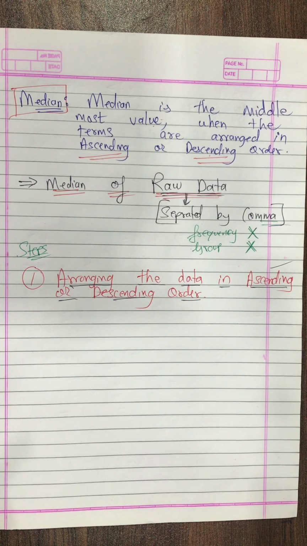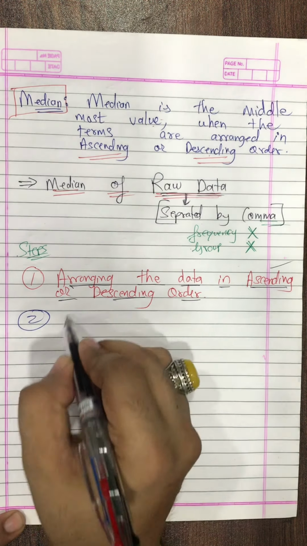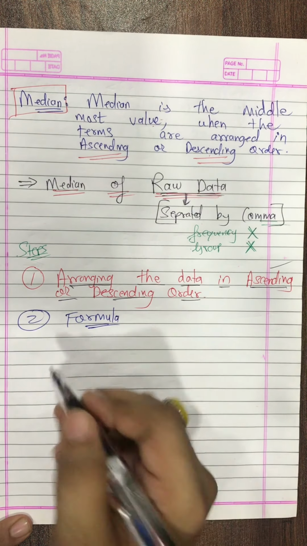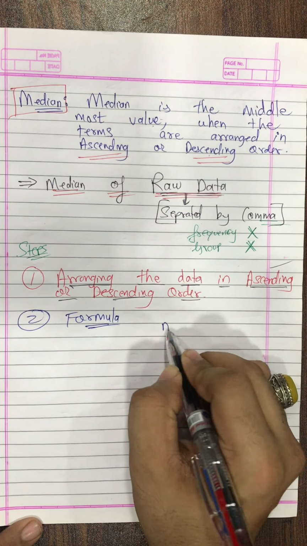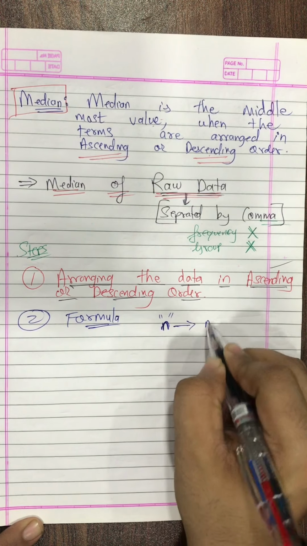Now students comes the very important stage. The second step is the formula. Now please pay attention. Everything is dependent upon the value of small n. What is small n?